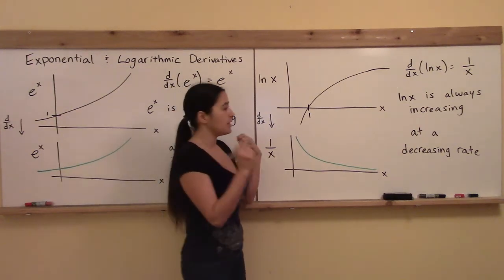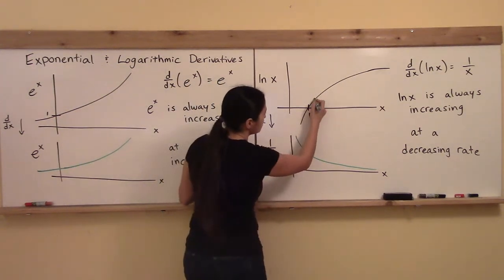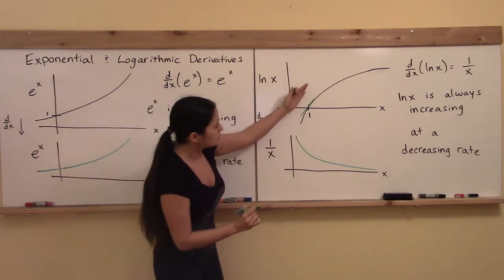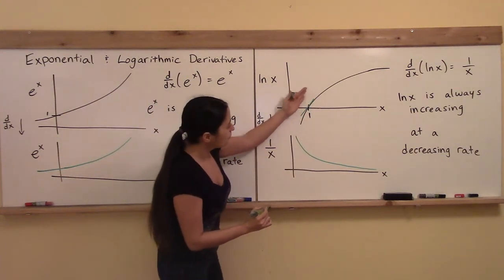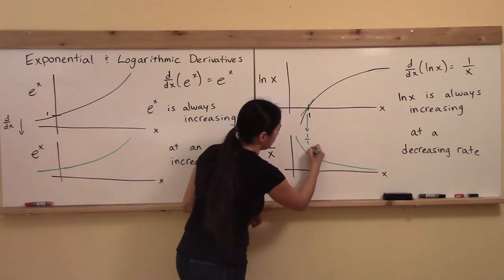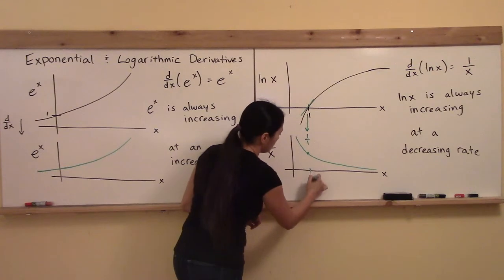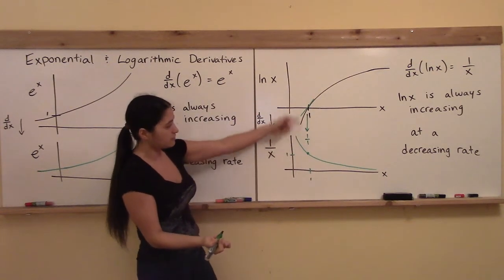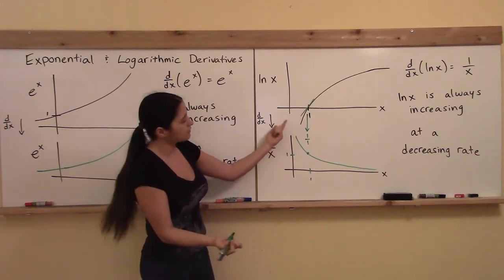But let's say I imagine the tangent line to the function at x equals 1. The slope of that line is going to be 1 over 1, which is equal to 1 right here. So if I plotted its derivative, the derivative would have the value m equal to 1 right there.